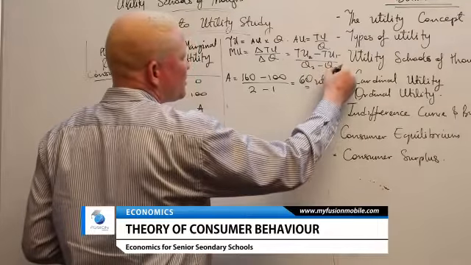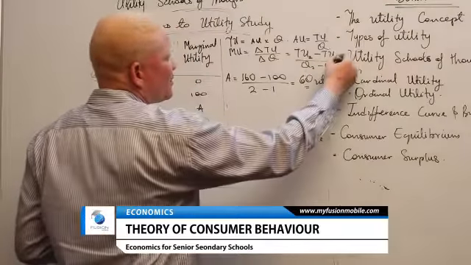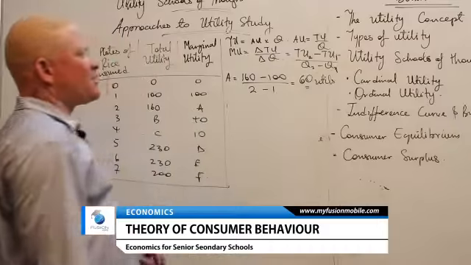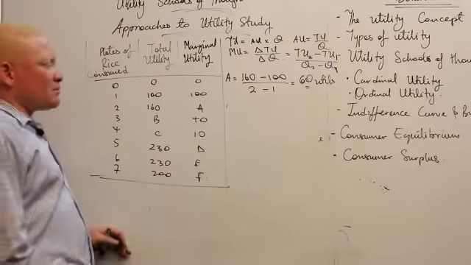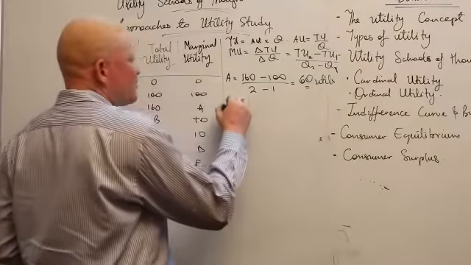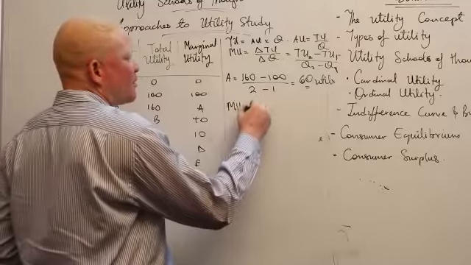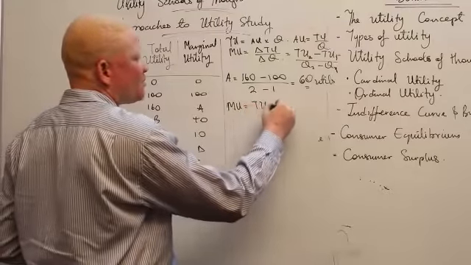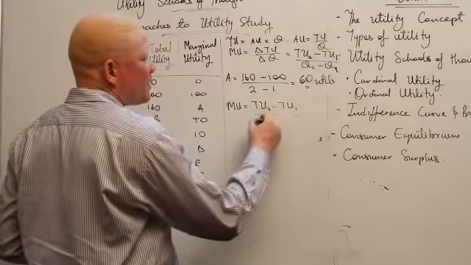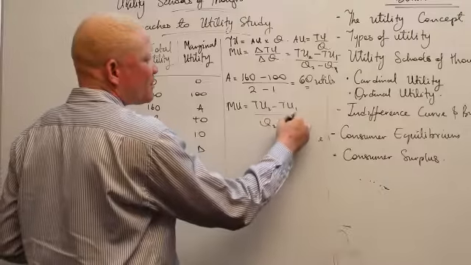That is measuring the new and the old one, how you subtract them to get the change. Marginal utility, like we have written, TU2 minus TU1 divided by Q2 less Q1.